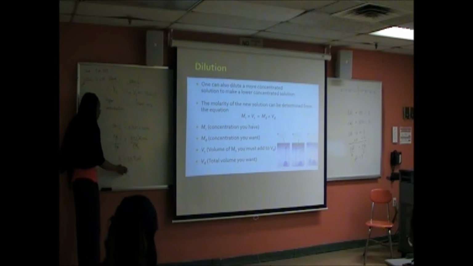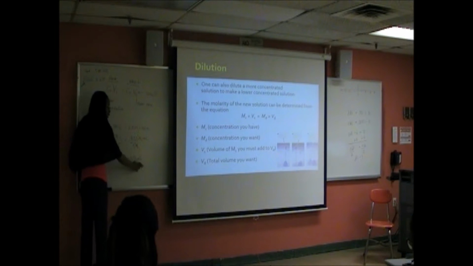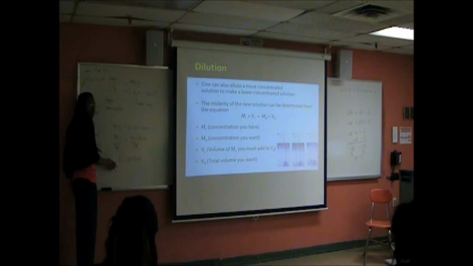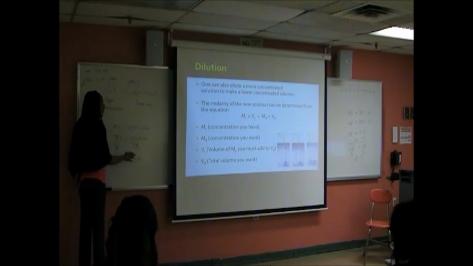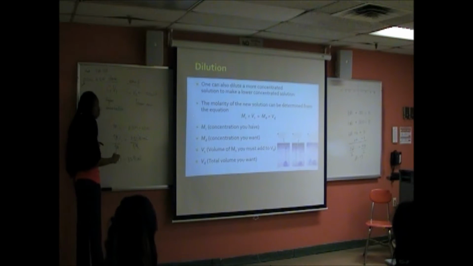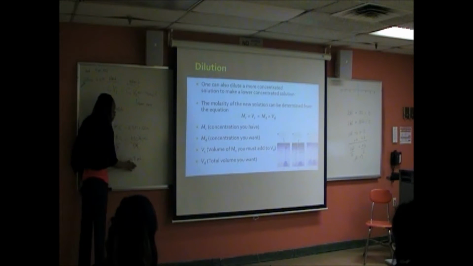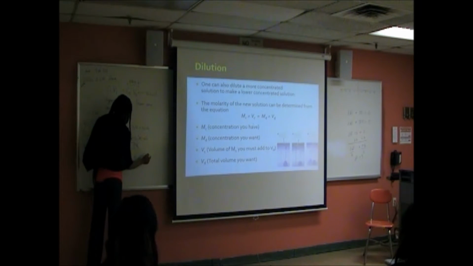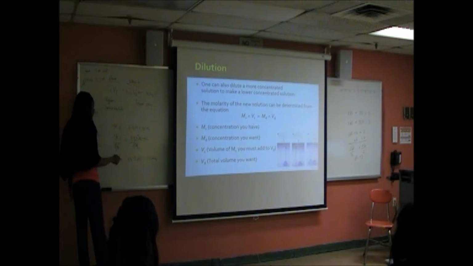Now, what does this volume mean? Remember, your total volume is 100 milliliters. You need to add 35.71 milliliters of your 7 molar HCl to how much water? You subtract it from 100.